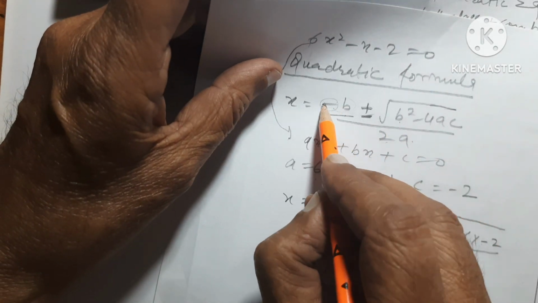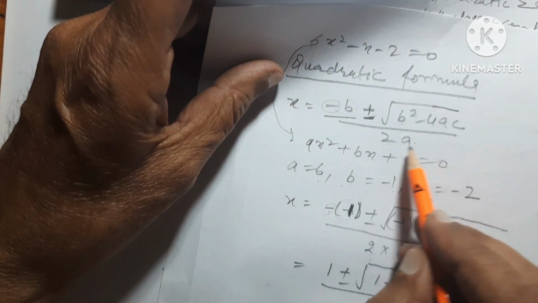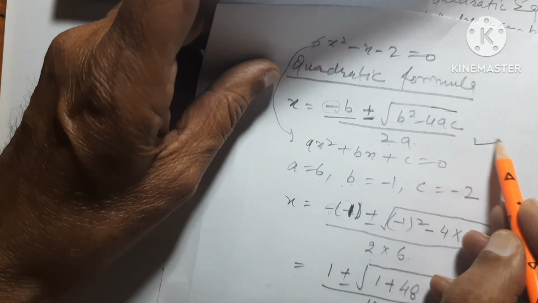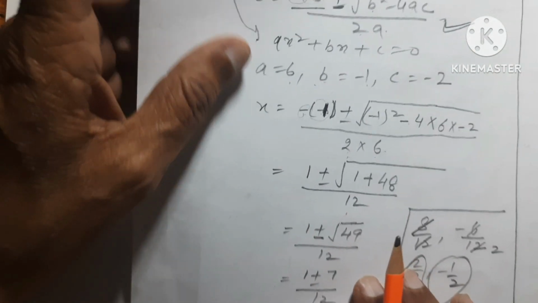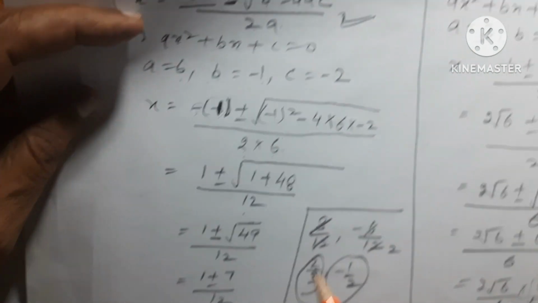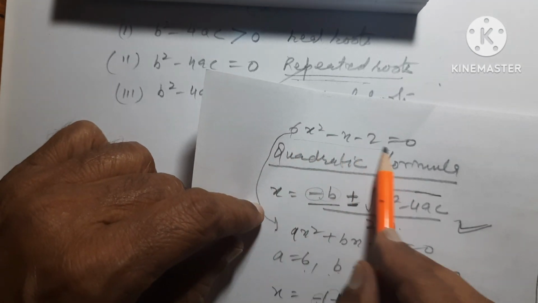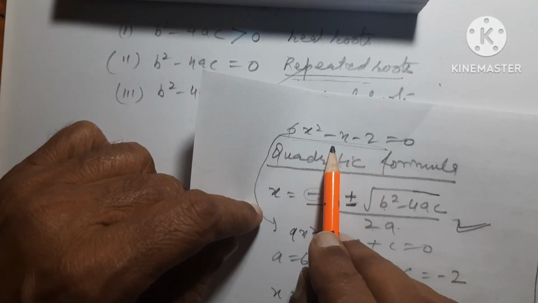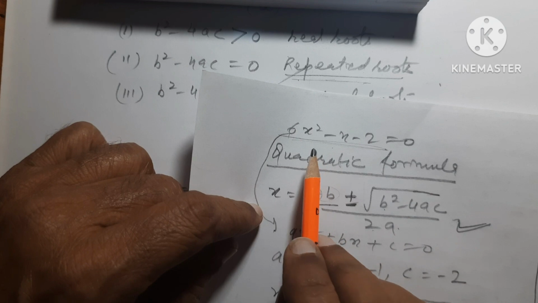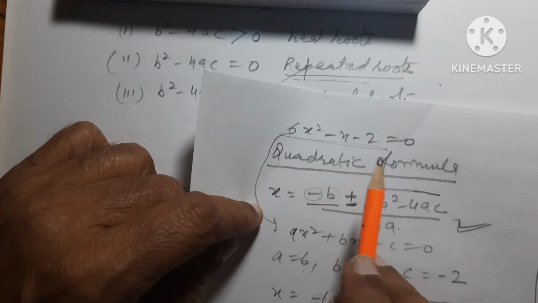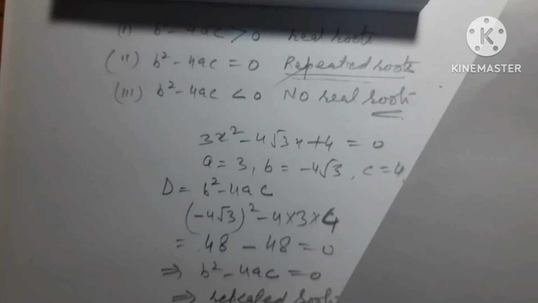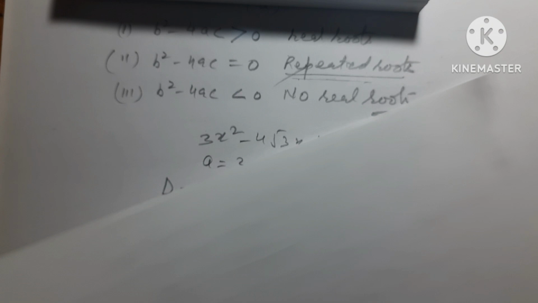You have to remember this: minus b plus minus under root b square minus 4ac over 2a, very frequently used in competitive exams. Put the values and you will always get two roots, either repeated roots or two distinct real roots. Third thing, we have discussed the nature of the roots.